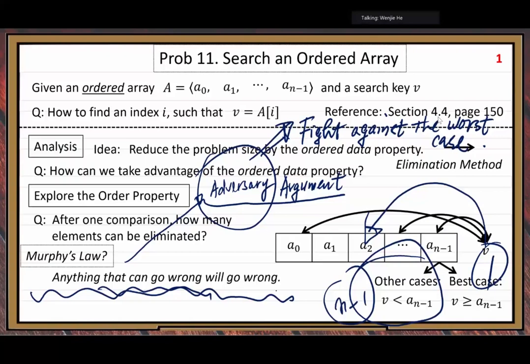So in all the steps in our problem solving, our adversary always produces the worst case, all the way from beginning to end. So anything that can go wrong corresponds to the worst case. Will go wrong, so we always work on the worst case. That's our interpretation, using the adversary argument.